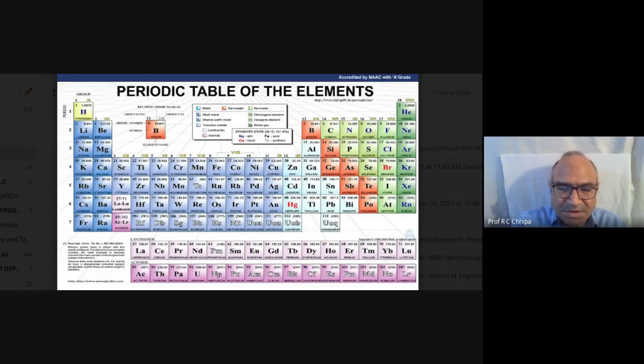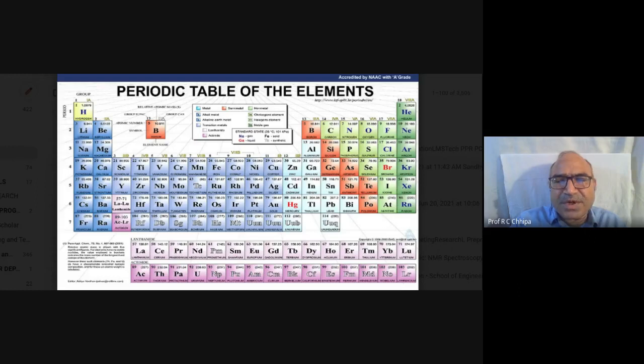So the question is, how does such bonding occur, and we can look at the different elements present and their behavior. Here, hydrogen has atomic number 1, and oxygen has atomic number 8.